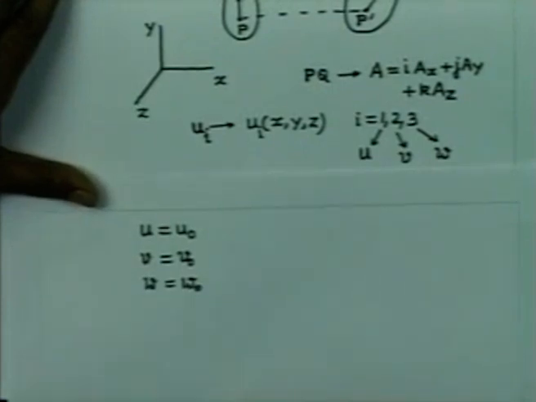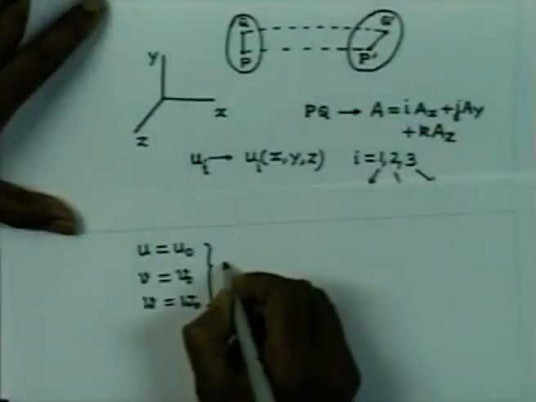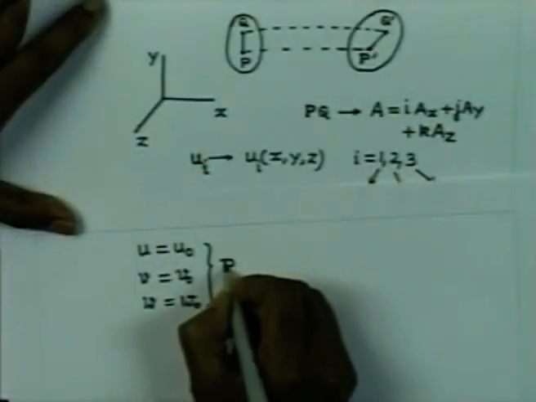Now, we can write the displacement of the point Q, which is at a small distance apart from P. So, these are the displacements of the point P.